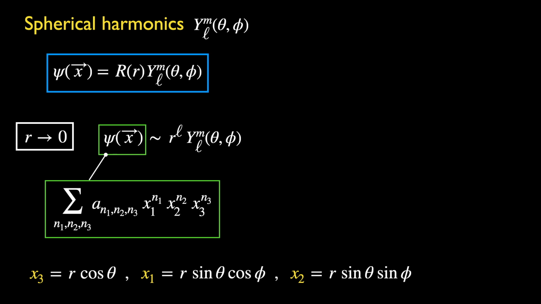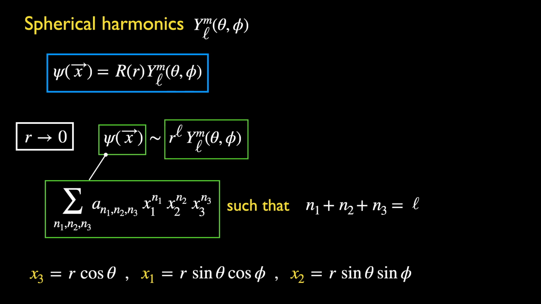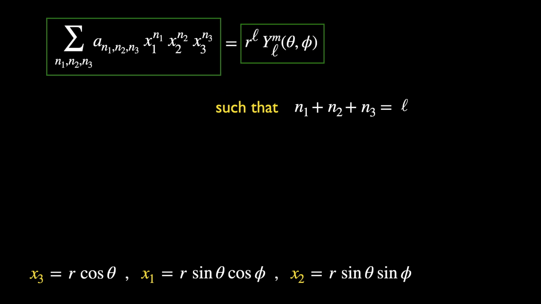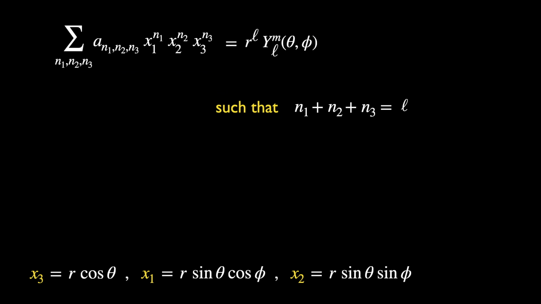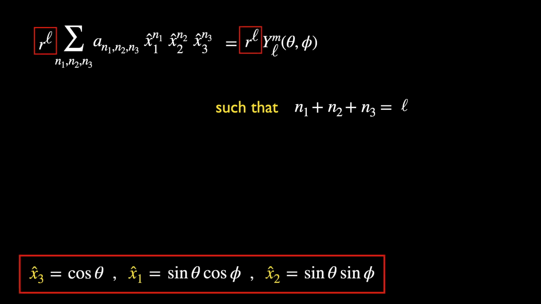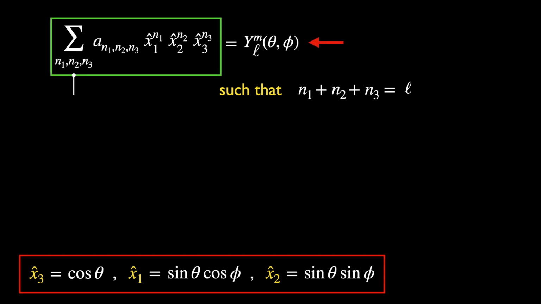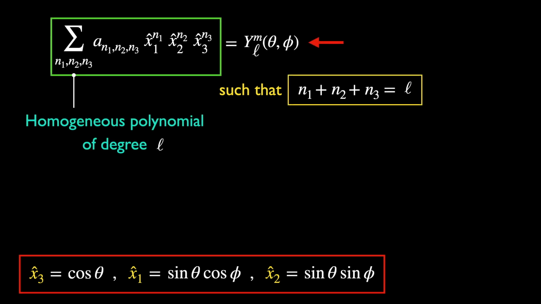In the limit r approaches 0, the sum of the powers of these coordinates must be equal to L to be consistent with the expression in radial coordinates on the right-hand side. r^L can therefore be factored out of this equation. This means the spherical harmonics Y_lm is a homogeneous polynomial of degree L.